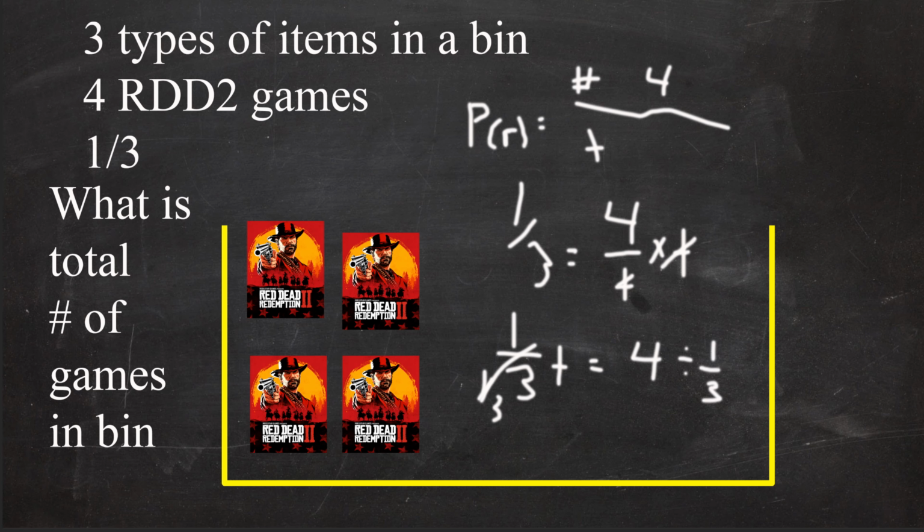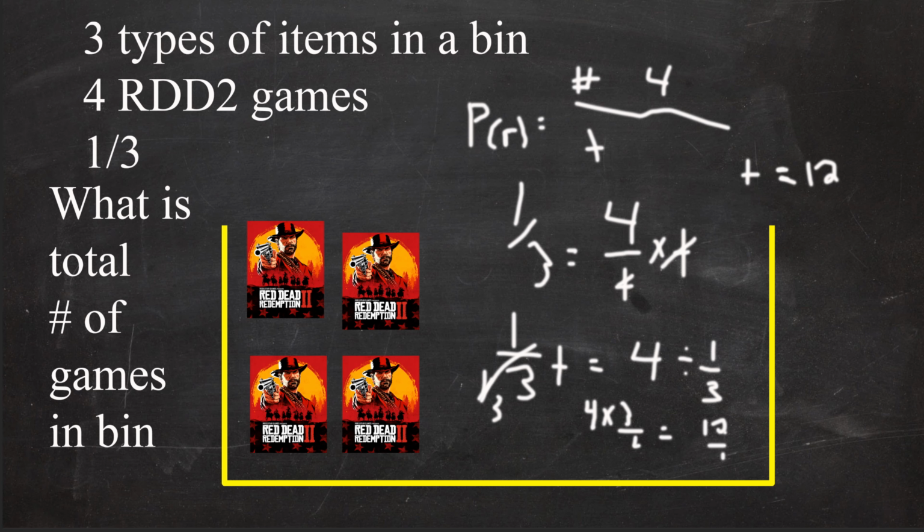Do you remember your fractions? When we divide fractions, we flip the right one, we don't ask why, and then multiply. So it'll be 4 times 3 over 1, which is equal to 12 over 1. So the total is equal to 12. Did you see how we got that?